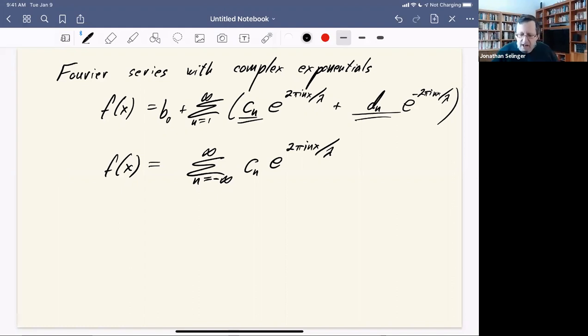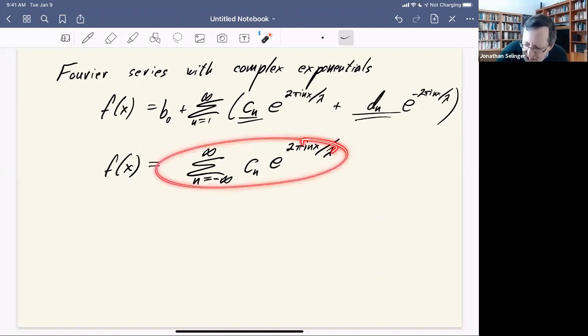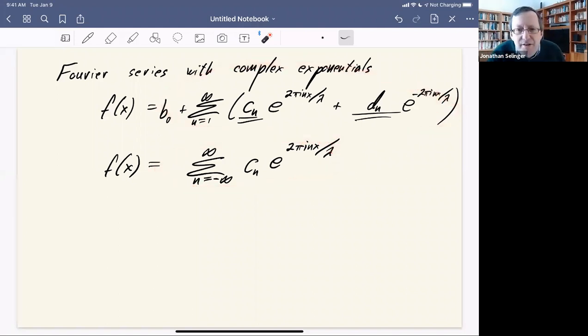And then I'll say, well, if n is positive, then this C is the same as that C. And if n is negative, this C is the same as that D. And if n is 0, this is the same as that B. Can you see so far how this is equivalent to that? It's taking everything and just writing it in a more unified way.